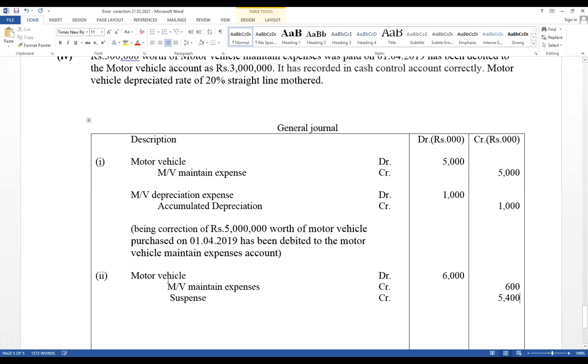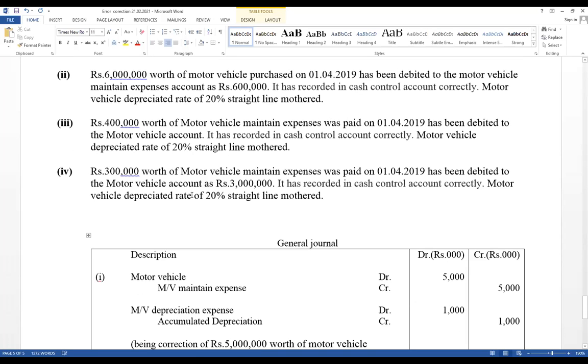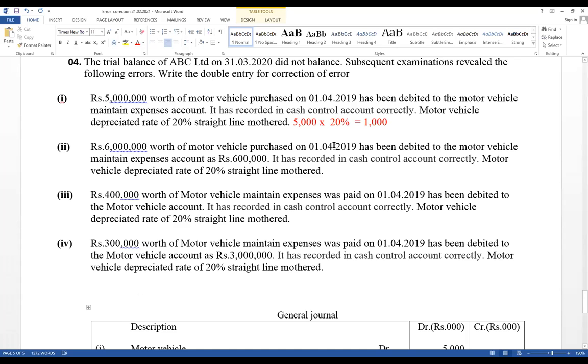As well, think about the depreciation effect also. The motor vehicle purchase of 6 million was at the beginning of the year, but it has been recorded as a motor vehicle maintenance expense. Therefore, it has not been depreciated. Think about the asset purchase at the beginning of the year. It has not been considered as a motor vehicle, therefore not depreciated. Therefore, depreciation also should be recorded. Motor vehicle depreciation expense account debit, accumulated depreciation of motor vehicle account credit.